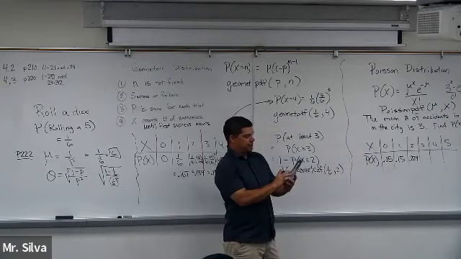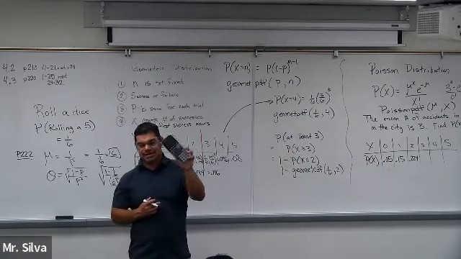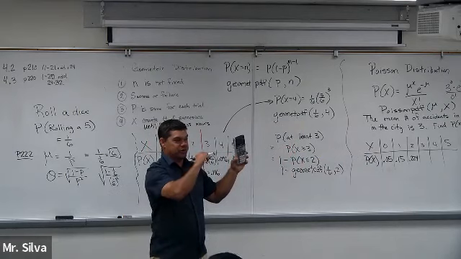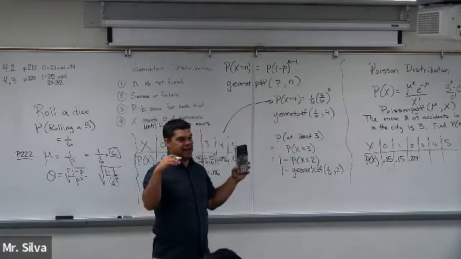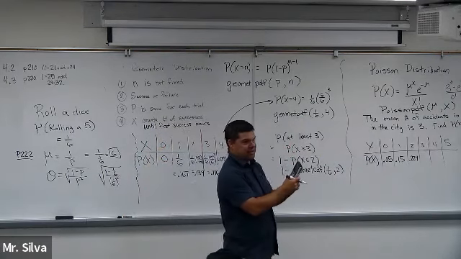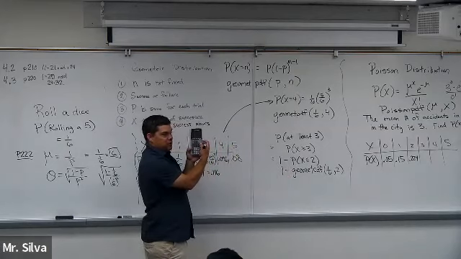X is in list 1 still. There's a bunch of probabilities in list 2. I'm going to clear it. Do not delete a list. If you delete it, please let me know so I can put it back for you. I'm going to clear list 2, so I highlight L2 and press clear.